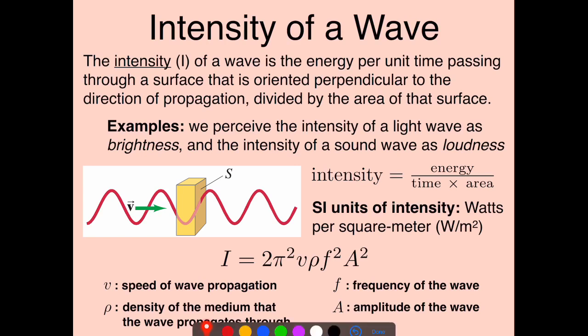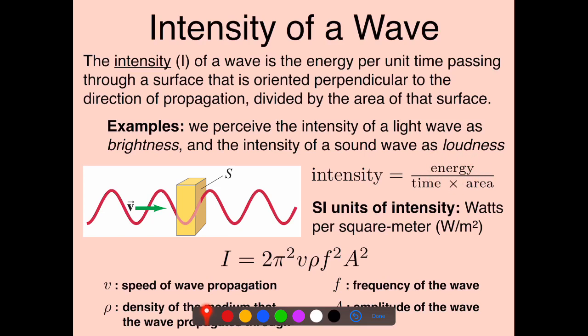Okay, so you have some kind of wave that's moving to the right in this picture. What we do is we construct a little surface, S, that's oriented perpendicular to the way the wave is moving. So this is our surface S. We have the wave actually going through the surface that we label S. Of course, as the wave moves through, there's some energy moving through that surface.